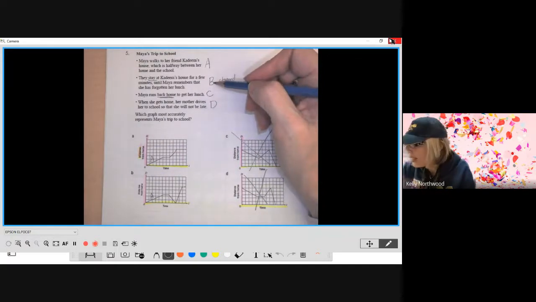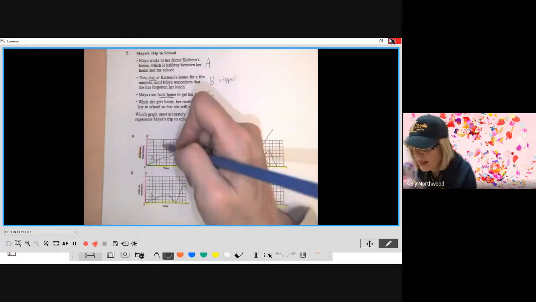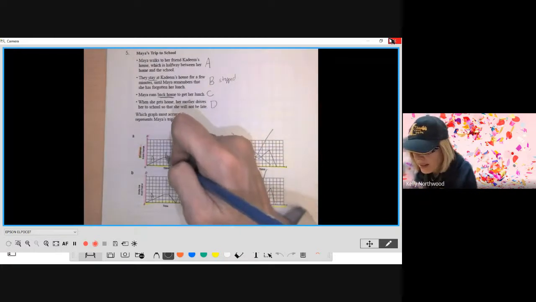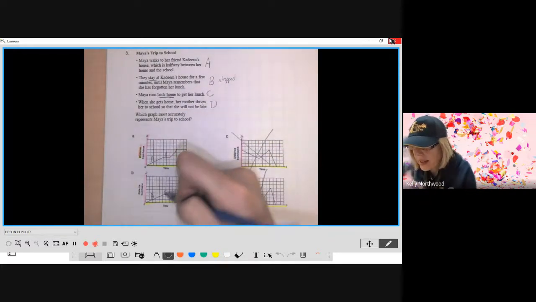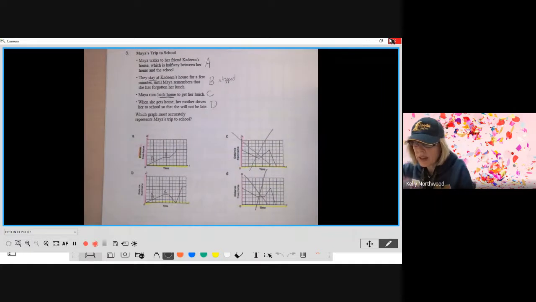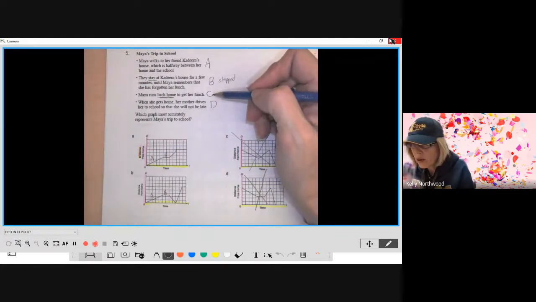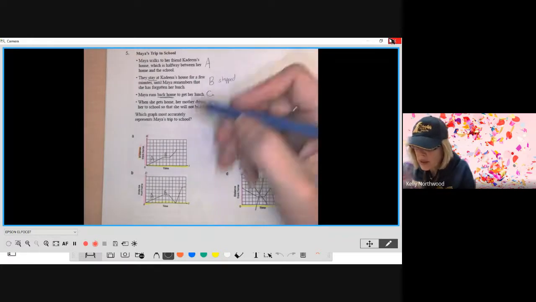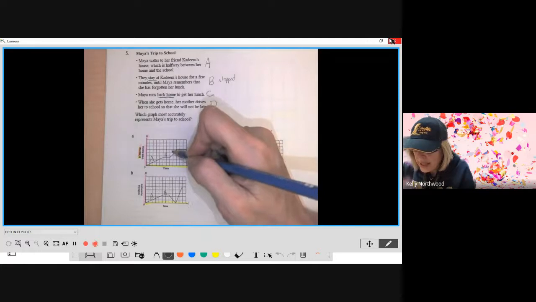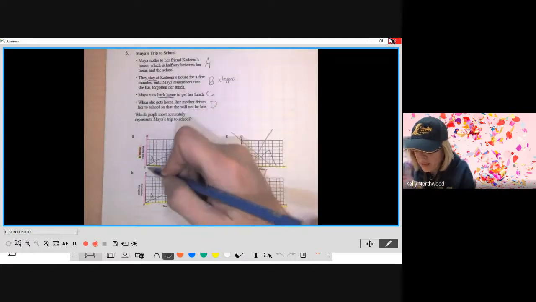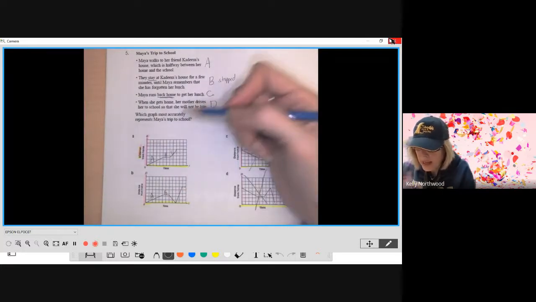Then she stops at Kadim's house. And that makes sense for both graphs as well. She stops. Then she runs back home to get her lunch. So she gets all the way home. So in this case, she's getting further away from home, so this one has to be eliminated.